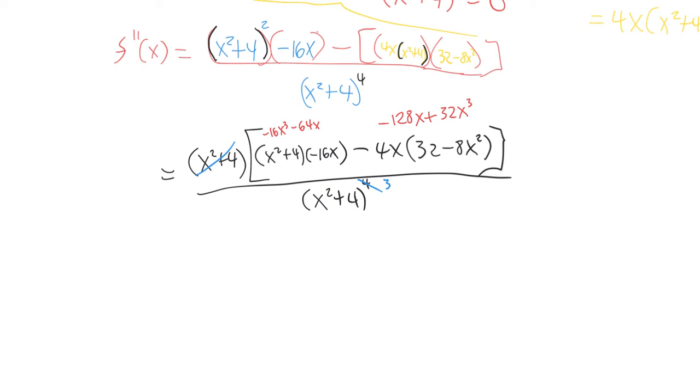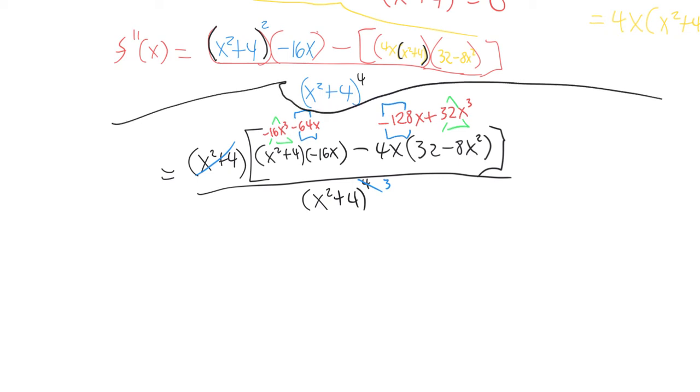Now, let's think about this. The x cubed terms are clearly like terms, and the x terms are clearly like terms. So I'll do a little divider here so we're not distracted by that. So the green triangle is a like term with the green triangle. The blue square is a like term with the blue square.